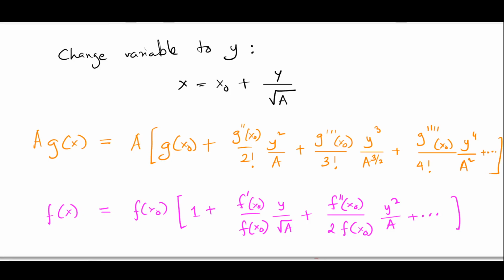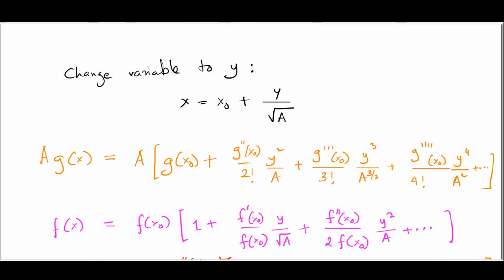Assuming that f of x0 is not 0, you can always write that as f of x0 into 1 plus f prime x0 by f of x0 into y by root a plus f double prime by 2 factorial f of x0 in the denominator into y square by a plus higher order terms. Note that what I have really done is keep up to order 1 by a in both a g of x and f of x.